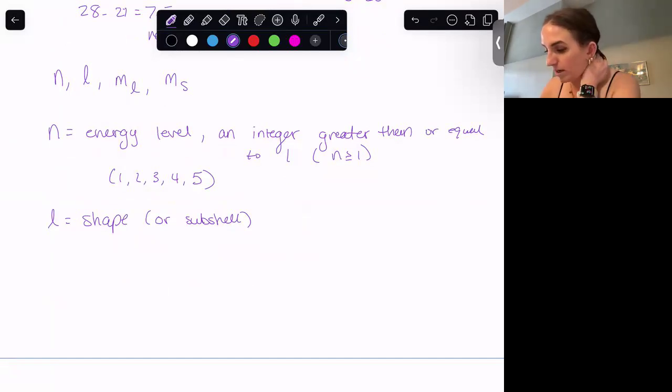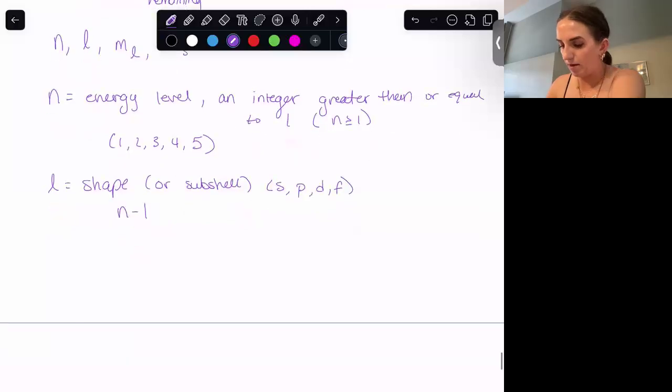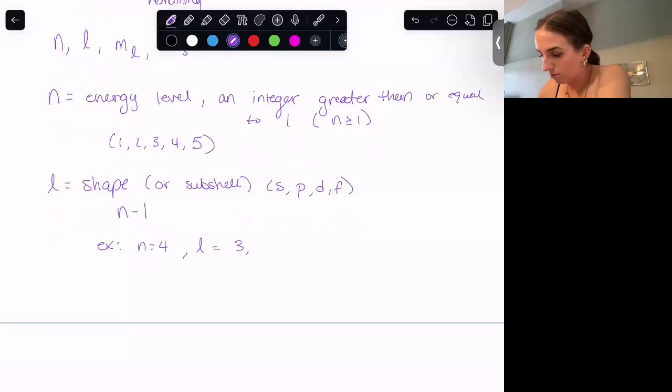Yep, so this is going to correspond to s, p, d, f, and this is n minus 1. Right, so as an example, if n is equal to 4, l is equal to 3, 2, 1, or 0. All of those options exist. If n is equal to 1, then l can only equal 0.